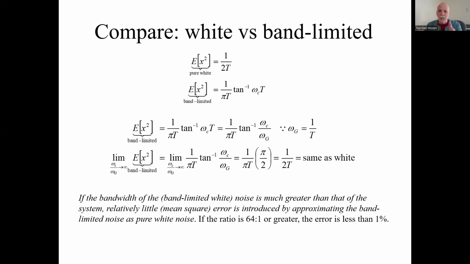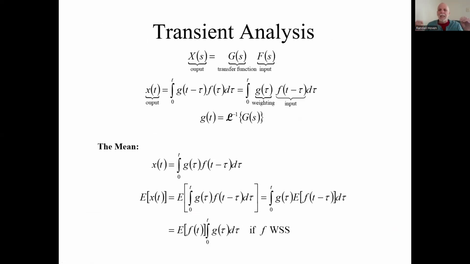You have 2 orders of magnitude in bandwidth more than the bandwidth of your system, and you're introducing almost no error. Anyway, that ends stationary analysis. Then we'll look at transient analysis, which means all these characteristics of the output signal over all time, not just in steady state as time goes to infinity. Have some fun doing that.